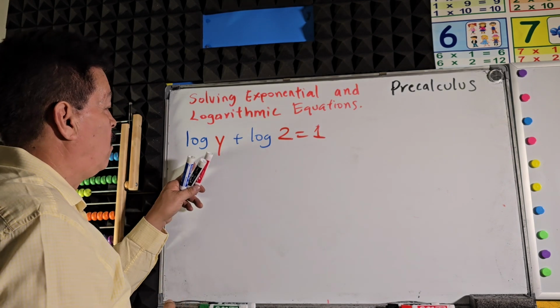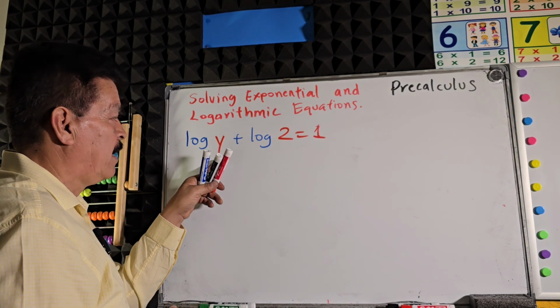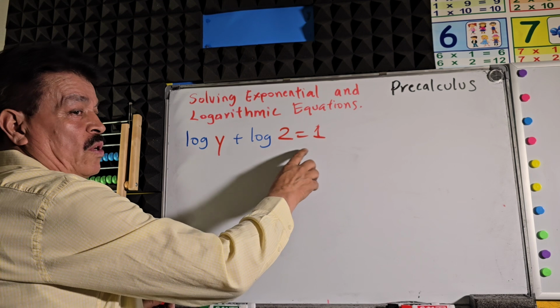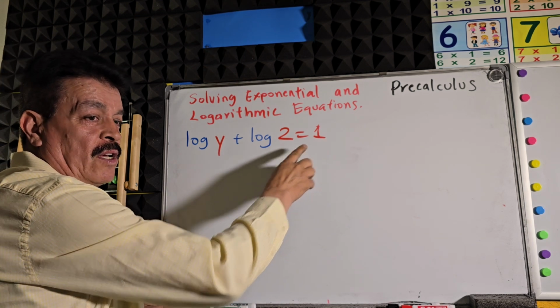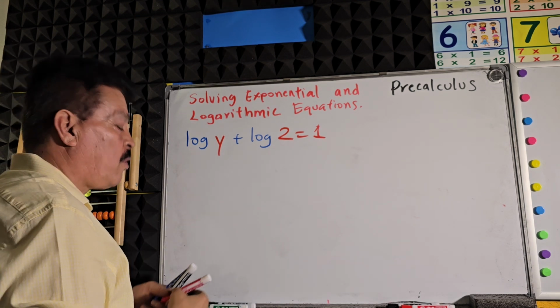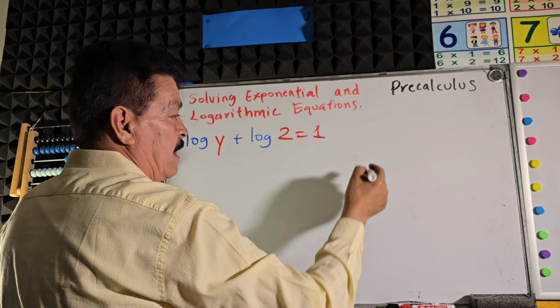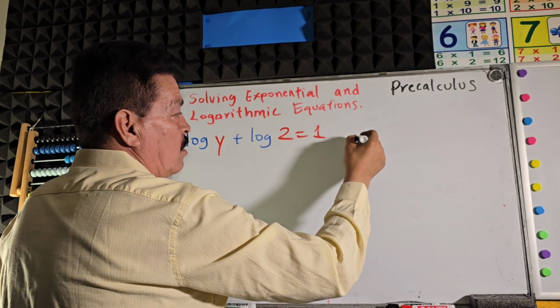So we have log y plus log 2 equals 1. We have to use the product property here.